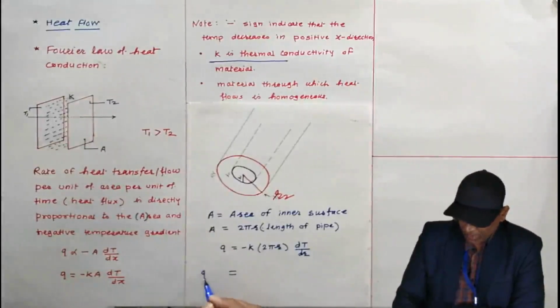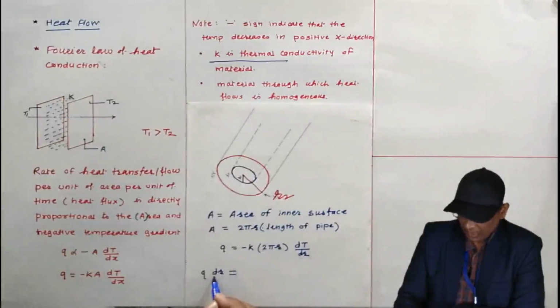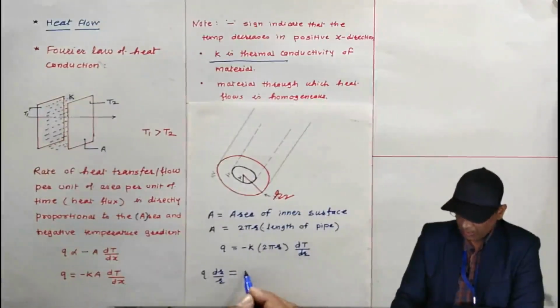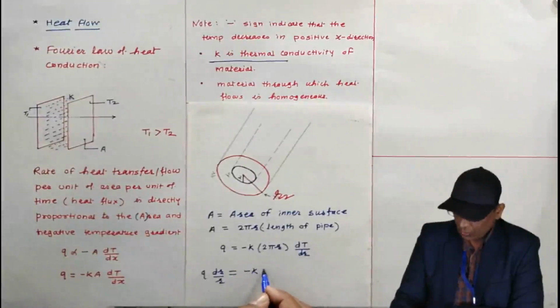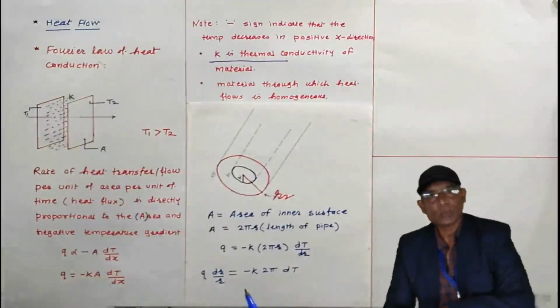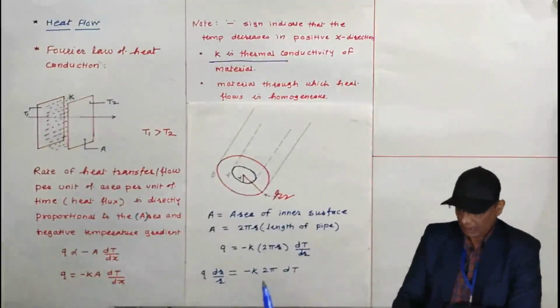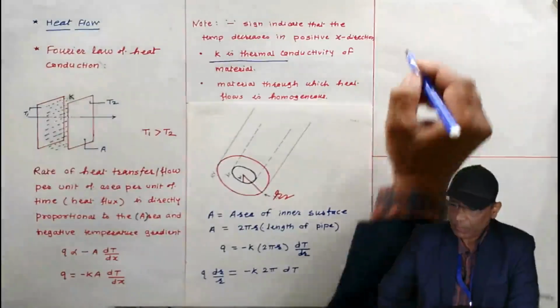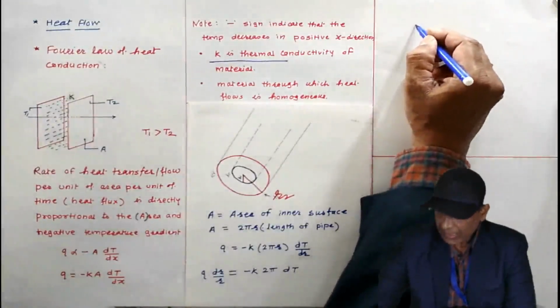The Q I am keeping as it is. I am separating variables. R and T are variables. I am separating R, minus K as it is, 2 pi as it is, and dT. I have separated the variables so as to have dR and dT in the numerator. And once you separate variables, then integrate it.